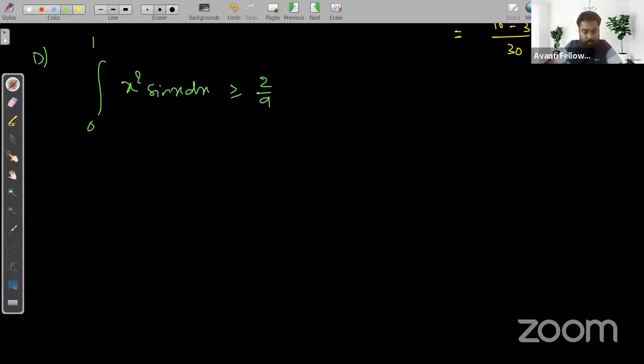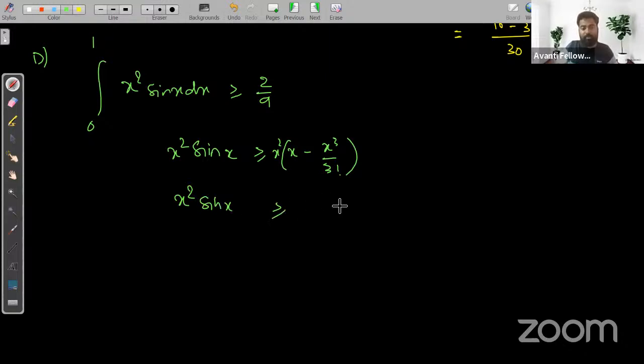So all of you know, from the series, sin x is greater than or equal to x minus x cube by 3 factorial. If you multiply x square on both sides, we get x square sin x is greater than or equal to x cube minus x to the power 5 by 6.